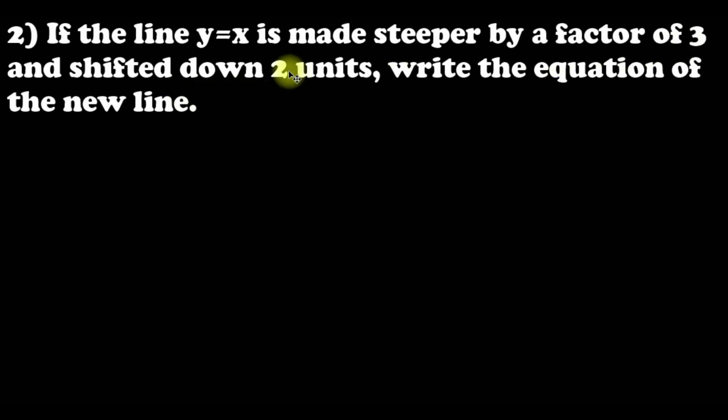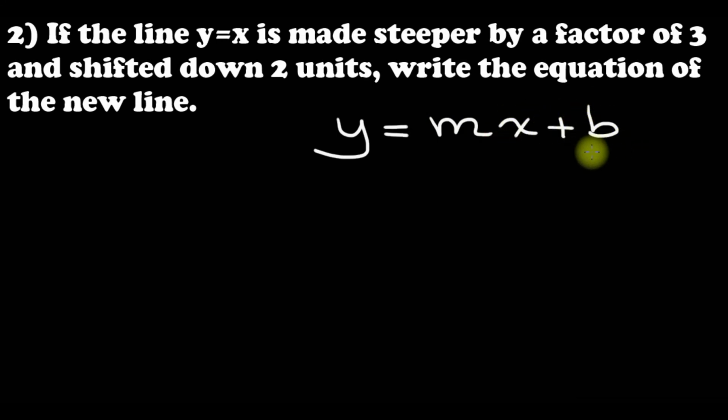So your y-intercept, your b, is going to be negative 2. So we want to come up with the equation of this new line. So your slope-intercept form is y equals mx plus b. And we're going to place a number for b, and then we're going to place a number for slope.